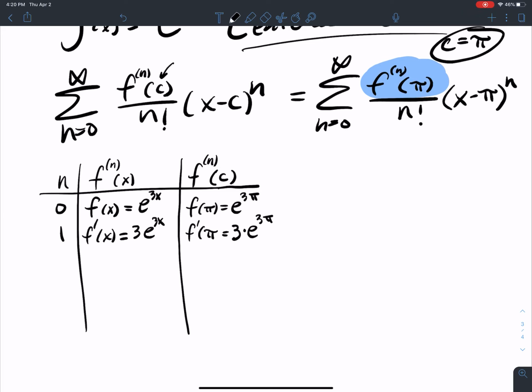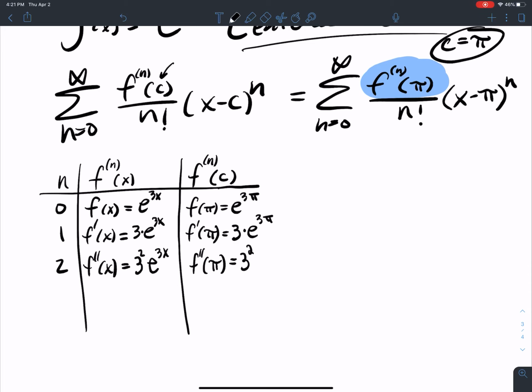The next one, the second derivative, is the same thing. I have the constant out front, but now the chain rule gives me another factor of 3, so I have 3 squared e to the 3x. That's 3 times 3, which is 9. So that's f double prime. There's a reason I'm not writing out 9 here.